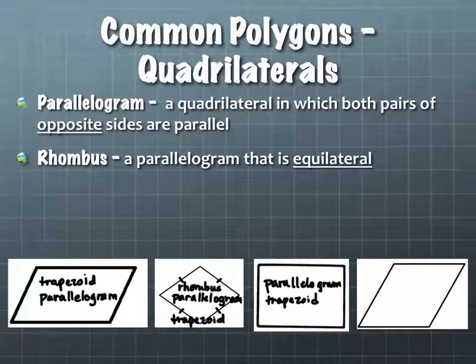What do you think on that last one? Parallelogram, trapezoid, rhombus, what do you think? Trapezoid because it's got at least one pair of parallel sides, and parallelogram because it's actually got two pairs of parallel sides.